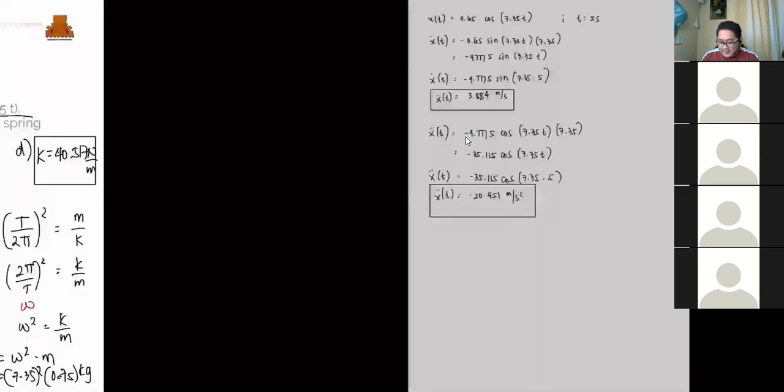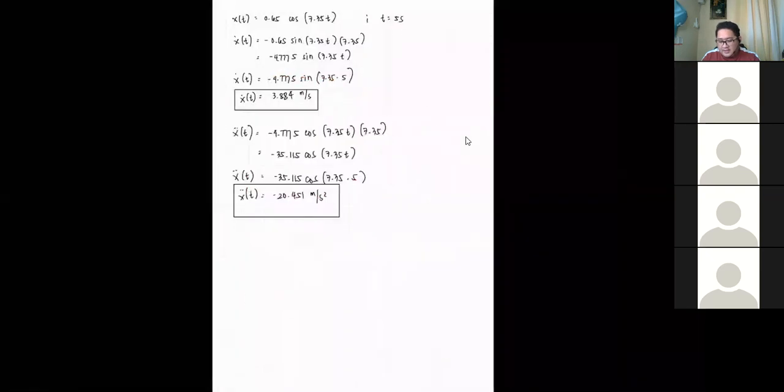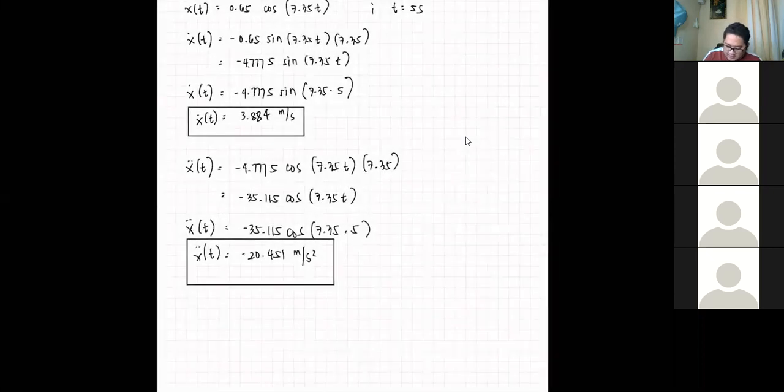Okay? So, question for this problem. Okay? So, again, para makuha yung sagot dito sa displacement and dito sa velocity and acceleration natin, your calculator should be in radians. Okay? So, pag i-check natin yung position natin, kapag 5 seconds, times 5.